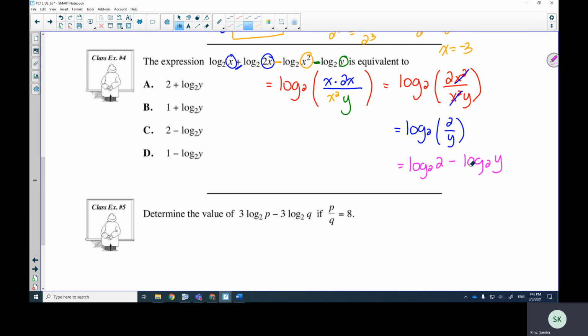If I gave you these two logs, you'd be like, oh, I'm going to use the quotient law, 2 over y, right? Divide the arguments. So now we have this. What is this guy? That is a 1. 1 minus log base 2 of y, and that answer should be there. Which one? D is the answer.